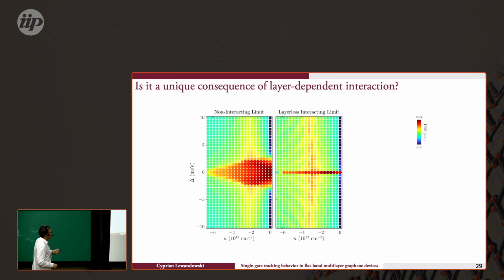Okay. Now, if I were to do a layer independent interaction, then I find that actually this coexisting band region is squished. And there is a physical picture for it, meaning that if I have bands which are polarized to opposite sides of the device, I have no gain in Coulomb energy if I choose to occupy two bands that are polarized to opposite sides.